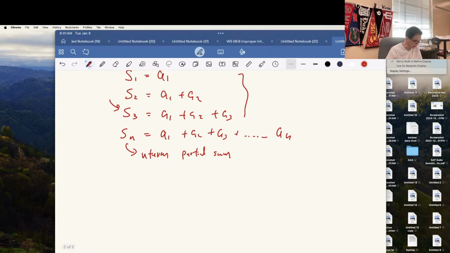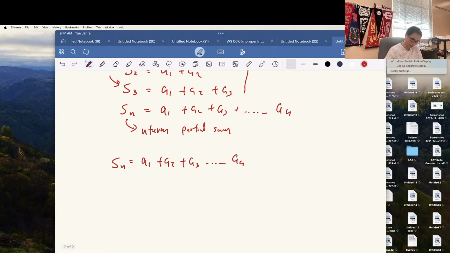Now, if I have an n-term partial sum, like S_n equal to a1 plus a2 plus a3 dot dot dot to a_n, if the sequence of partial sums converges to S, that means as n goes to infinity, you get to S. Therefore, S is the infinite sum, the sum of all the terms added together.